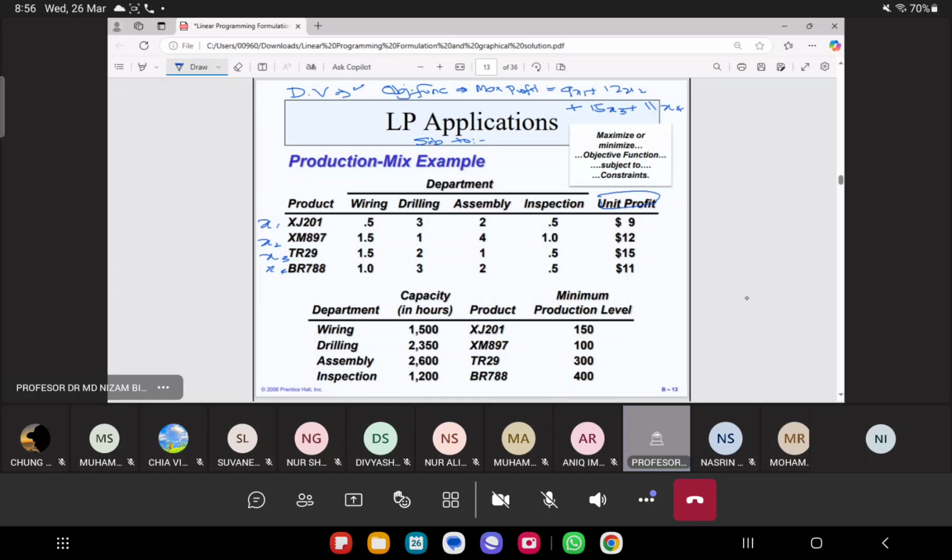Yes, okay. I have a production level, right? So minimum production. How do I define that in an equation, in mathematical form?